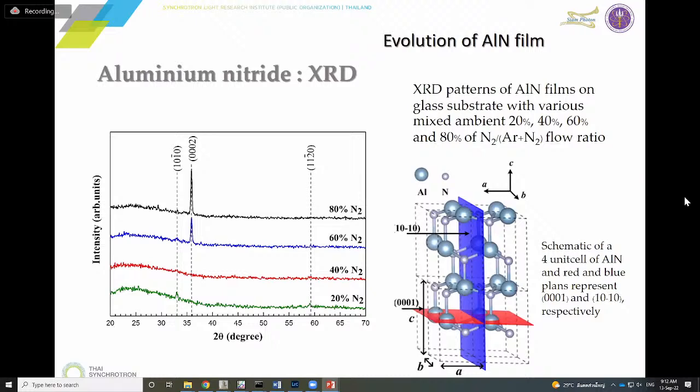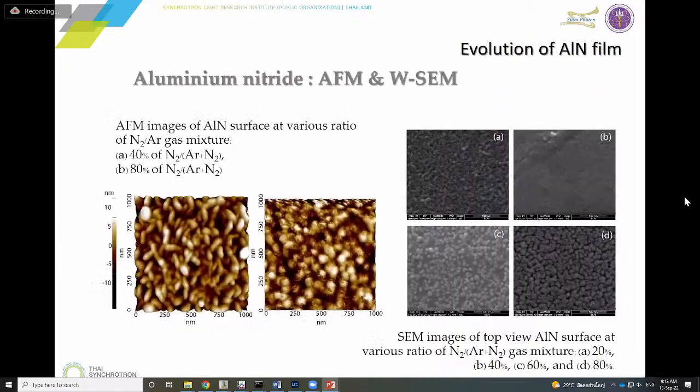However, when you feed nitrogen gas into the chamber at various contents, 20 to 80, and the film is characterized by XRD, you get different structures. It's strange. It seems that by controlling the gas content in the sputtering chamber, you can control the structure, which is surprising.